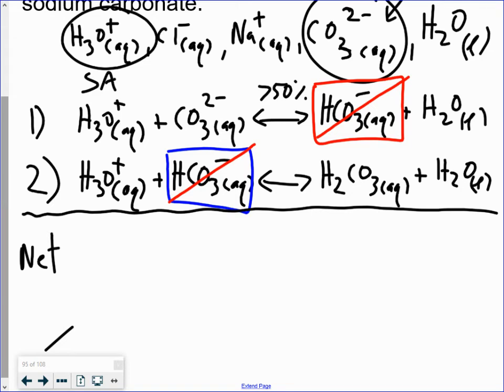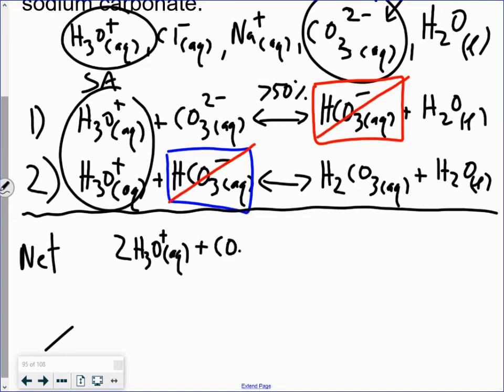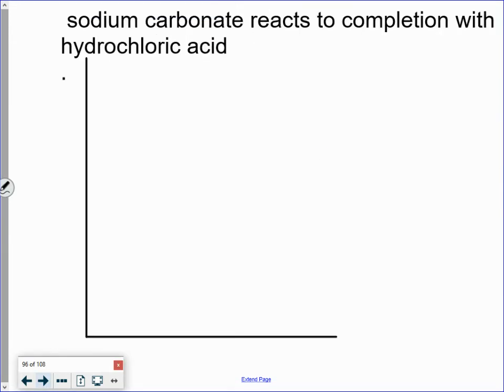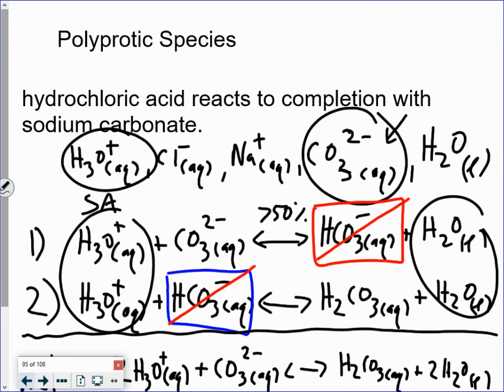Okay, and we have two hydroniums and a carbonate ion on this side. On this side, we have two waters and carbonic acid. Okay. All right, back to polyprotic substances.